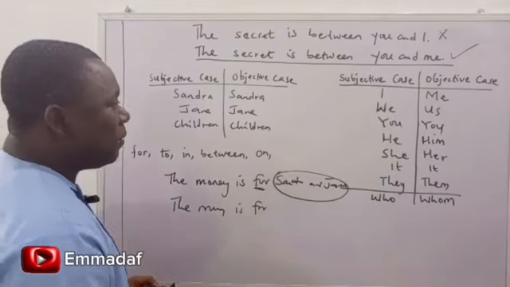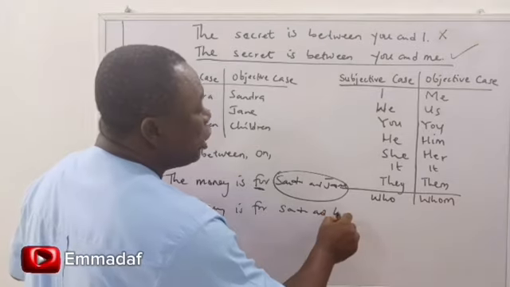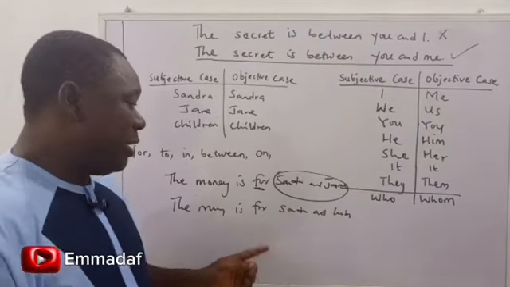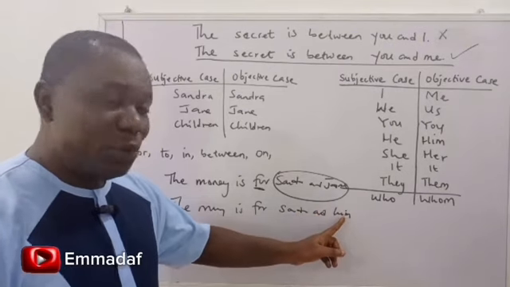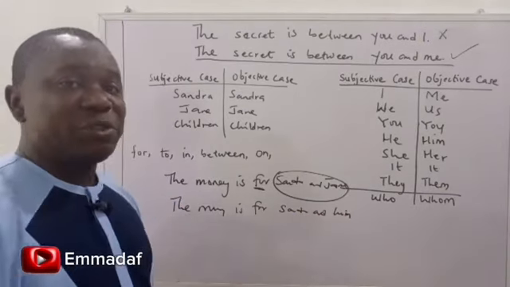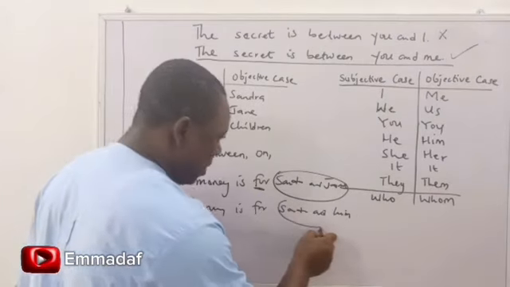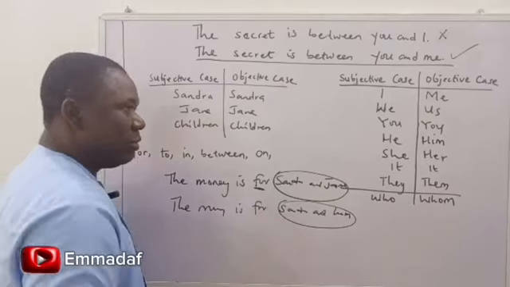The money is for Sandra and him. Here we have a situation where a noun and a pronoun follow this preposition. So we say Sandra and him is the object of this preposition.